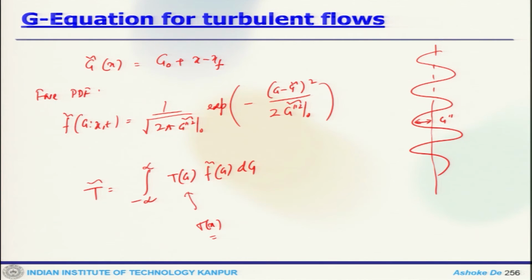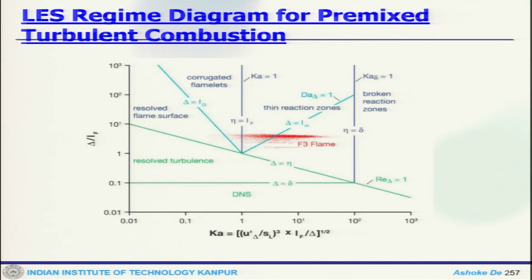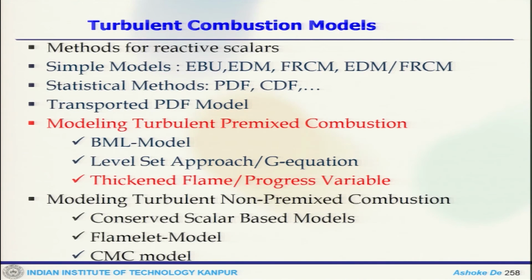Now this is how one can use this G equation, and now when you go to LES for this premix combustion diagram, that gets slightly modified, where this delta is your grid size or filter size, and you can use a different these things.